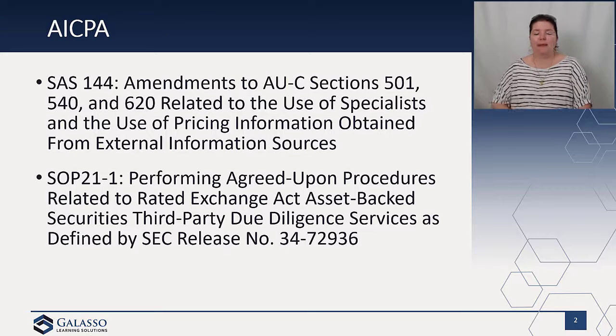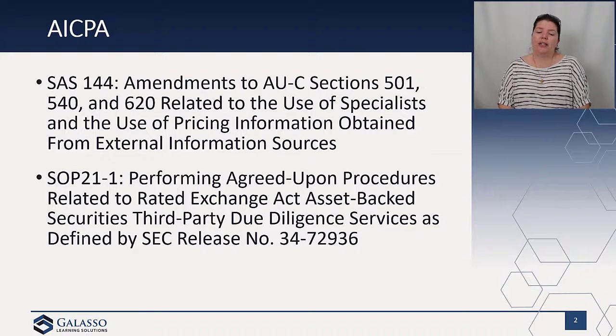And the AICPA put out SAS 144, which will be effective in 2023. It really has some amendments to SAS 143 related to estimates, but also makes some changes related to use of specialists. In particular, if you're using an inventory counting firm, they are not specialists. So that's a clarification they make.